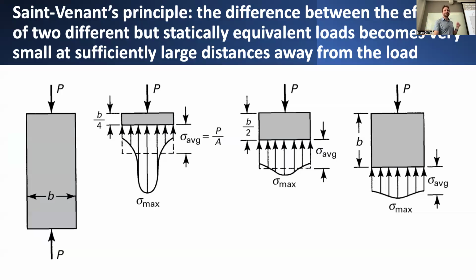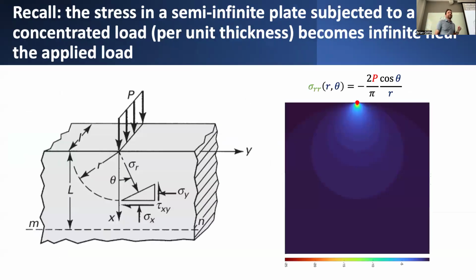Yeah. Okay. So now that we've covered everything related to concentrated loads in this setting, I want you to reflect on the fact that this scenario of having a concentrated distributed load is really a distributed load per unit width.